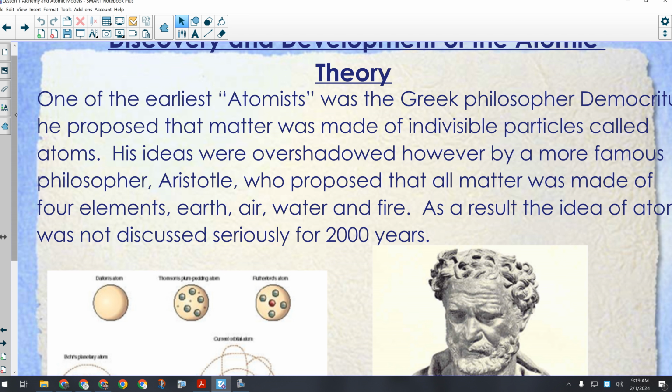And it made a lot of sense to them, which is why the idea was kept around for so long, even when the truth of the matter came out. And people were like, nah, that doesn't make any sense, I don't buy it. The four element thing works for me. Well, here's why it worked for them. They had their own periodic table of sorts, in regards to the four elements. So for example, steam was some parts water, some parts air, and some parts fire, because those were the three things that you had to put together to get it.